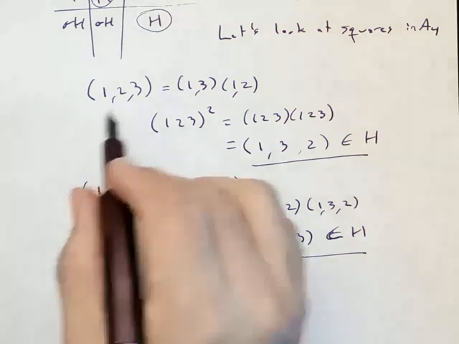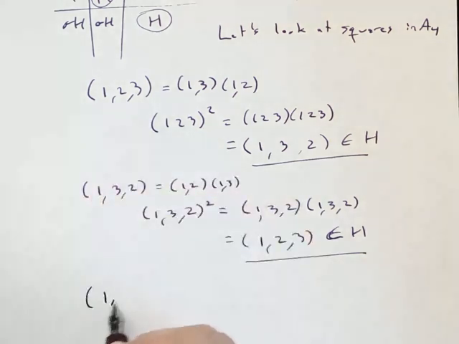What if instead of doing 1, 2, and 3, I did 1, 2, and 4?